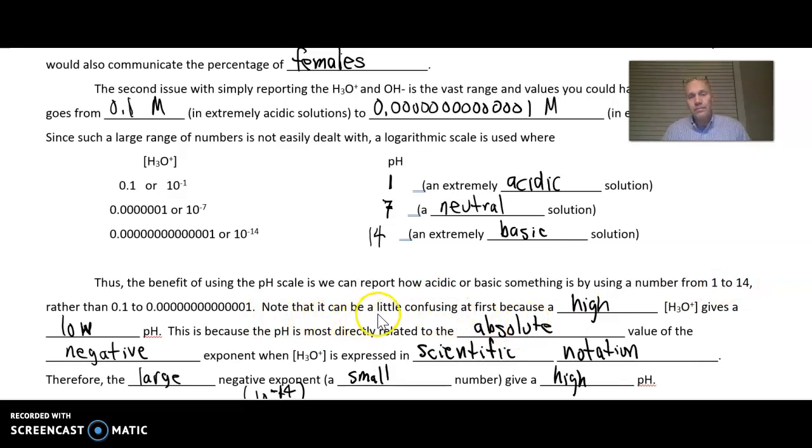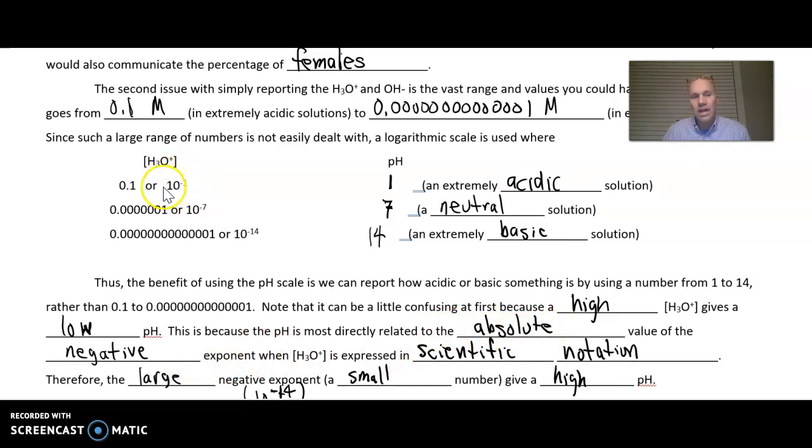So I do want to point out that this can be a little bit confusing at first, because when you have a high H3O+, so compare these numbers right here, this versus this, which is the higher number? Well, 0.1 is a lot bigger number than this number right here. But notice what that does in terms of its pH. The high H3O+ gives the low pH. And the reason for that is that the pH is most directly related to the absolute value of that negative exponent.